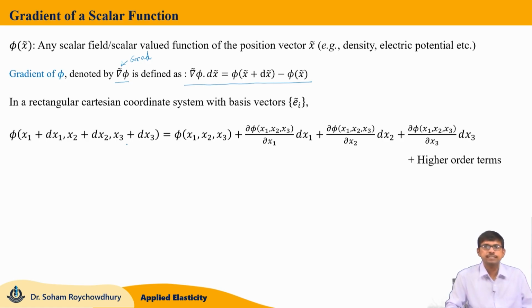This is on the left hand side, and it can be expanded in a series as phi of x, that is phi(x1, x2, x3) at the initial x, the value of the scalar function at the initial location, plus del phi/del x1 times dx1 plus del phi/del x2 times dx2 plus del phi/del x3 times dx3.